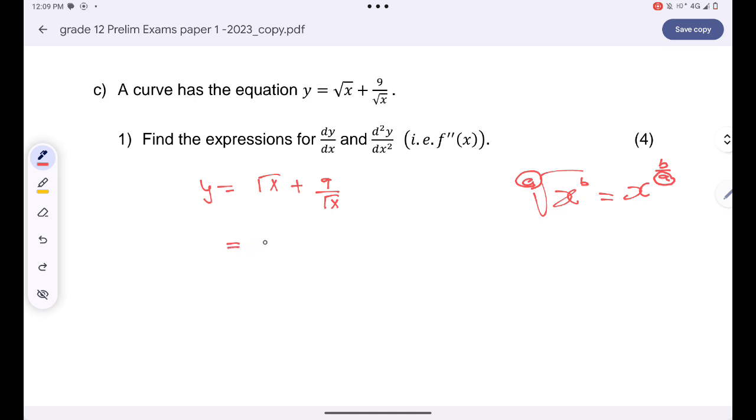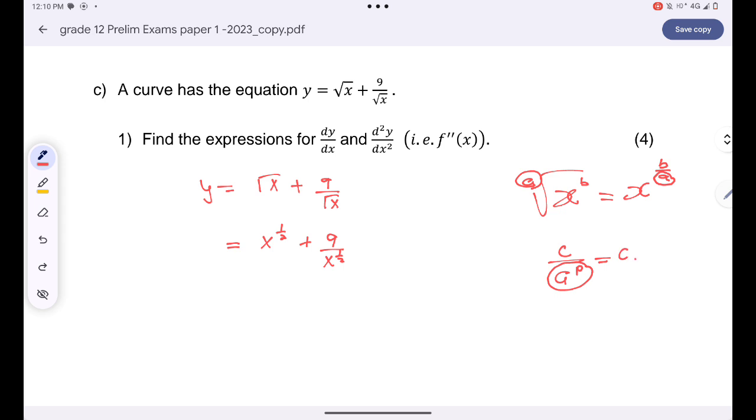So this is basically x to the power 1 over 2 plus 9 over x to the power 1 over 2. Now, but I still have a variable at the denominator. If ever, guys, I have c divided by a to the power of p, for me to make sure that this is removed from the denominator, I must just change the sign of the exponent.